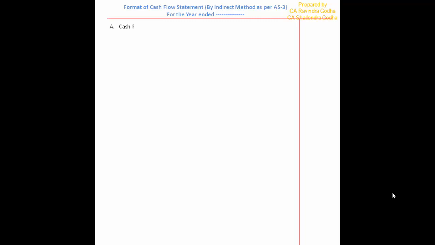So first, A, cash flow from operating activity, in which we first write surplus, that is, the balance in the statement of profit and loss of the current year. Means the closing balance of the statement of profit and loss from the balance sheet of the current year, and from it we deduct the surplus, that is, the balance in the statement of profit and loss of last year.